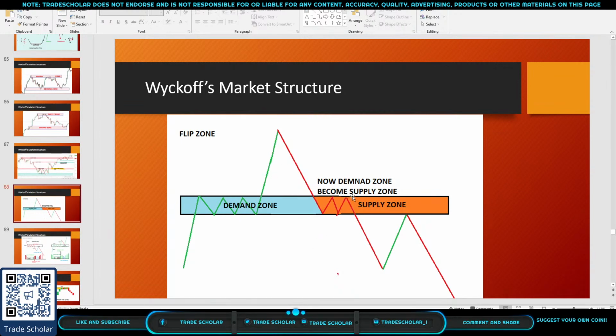It drops, and because there is not much demand, no more buyers, all sellers here, it dropped again. Then it tried again to pump and hit the supply zone. So many sellers are waiting here, saying please come back, price. And once it touches again, then it drops harder, because there is so much supply waiting there.